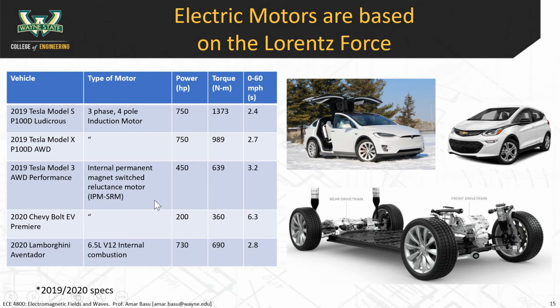Some of the concepts that we'll talk about today can be used to understand these two types of engines. The main point I want to make on this slide is that all electric motors, whether they're induction motors or internal magnet motors, are based on the Lorentz force. So that gives you the importance of this basic and fundamental rule that we've learned thus far.